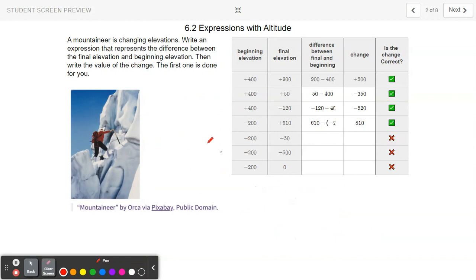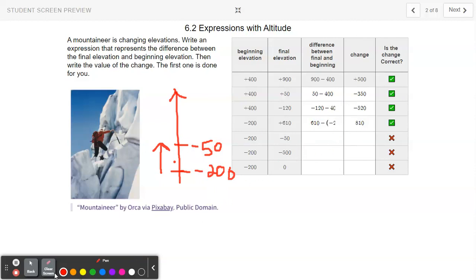So next up, we have a beginning elevation of negative 200, and then an ending elevation of negative 50. So again, I know my change is actually going in the positive direction.